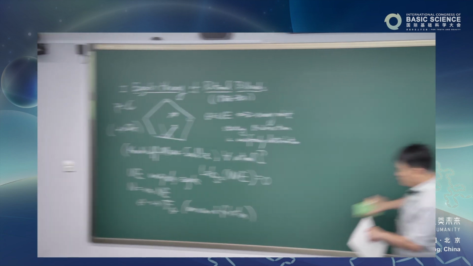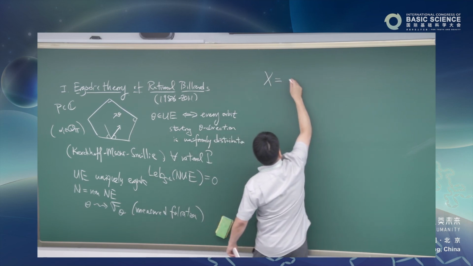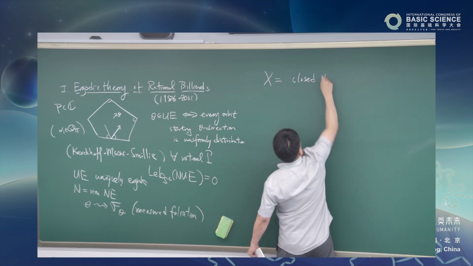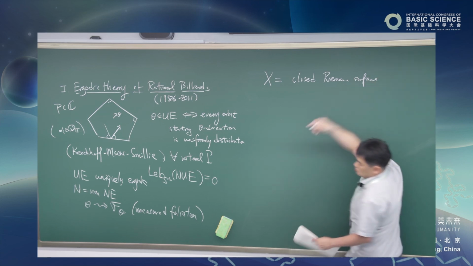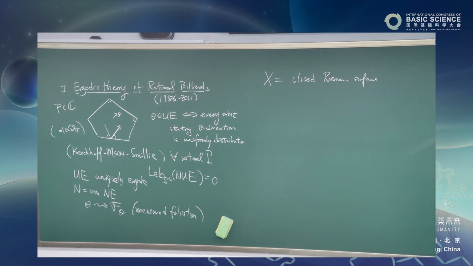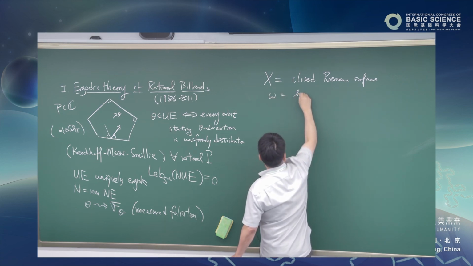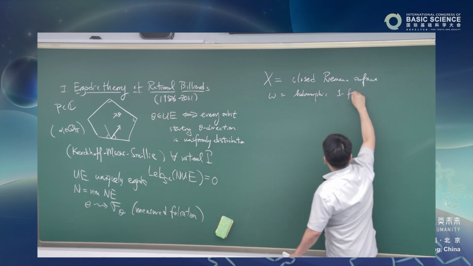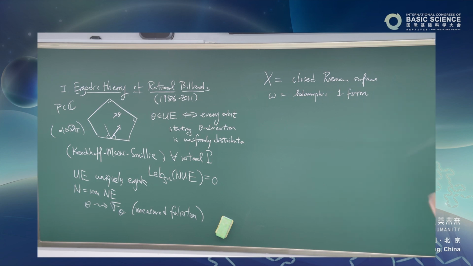I'm going to suppress a little bit the complex analysis that shows up behind, but there is this closed Riemann surface that you build out of this table, obtained by unfolding. And there's also this holomorphic one-form, which records the Euclidean geometry that is intuitively obvious to us.